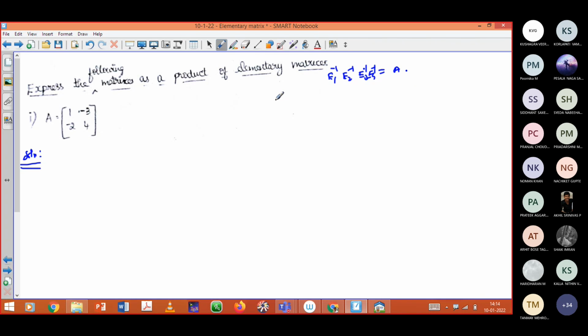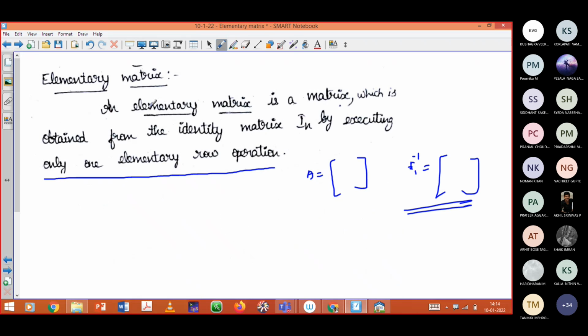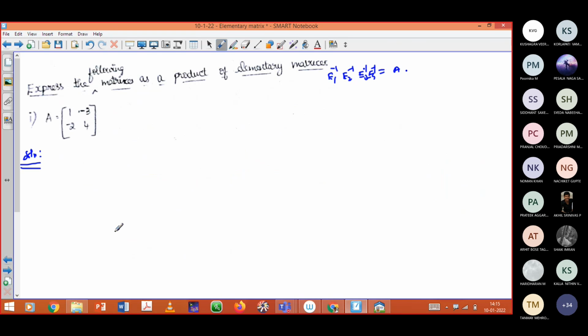First, I need to determine what elementary matrices can be derived for this matrix A. The elementary matrix definition is that it is a matrix obtained from the identity matrix. So first, my task is to convert this A into the identity matrix.